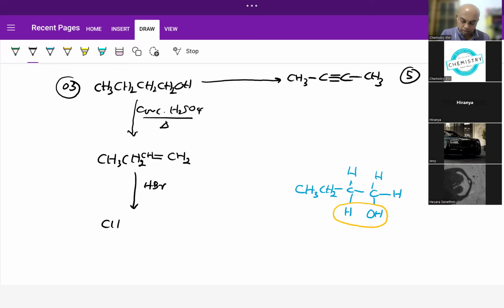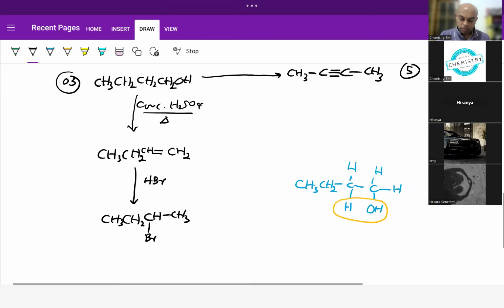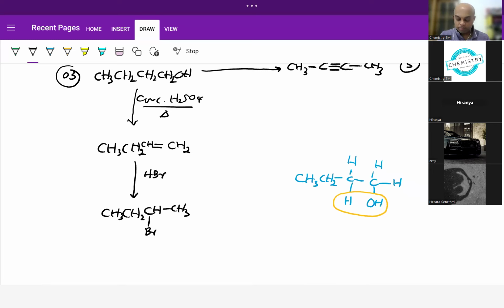Then it will be having something like this: CH, Br, CH3, right? So, yes, is there any question? No, right? Then I can remove bromine again, right?